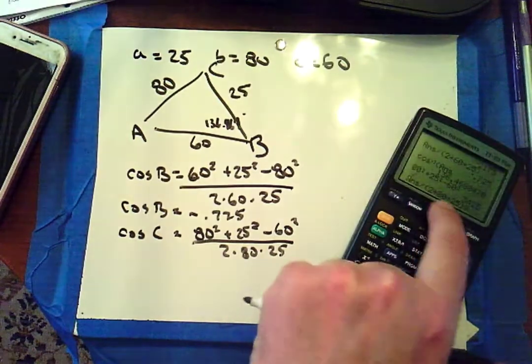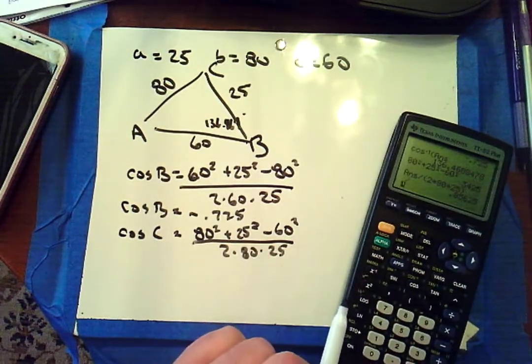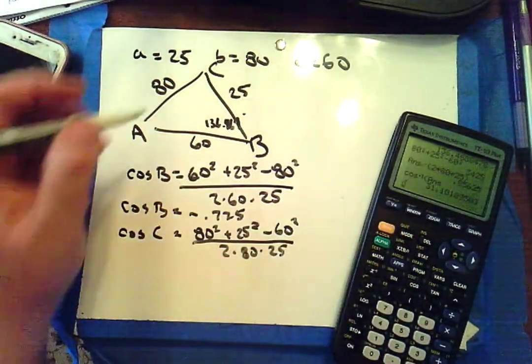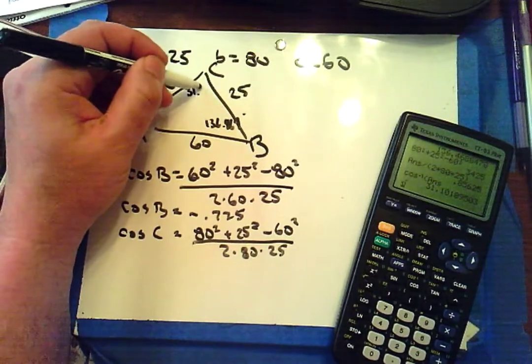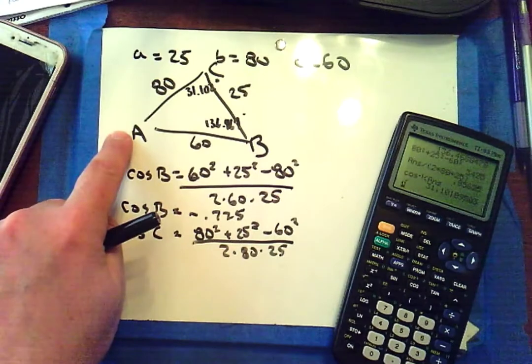Remember, when you're dividing, put all that stuff in parentheses. Okay, and that's what cosine of c is, so if I do the inverse cosine of that, I get that c is 31.102 degrees. And then finally, I want to find angle A.